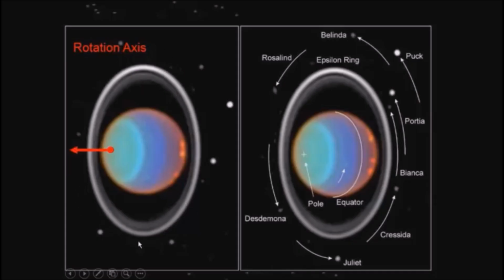So as you can imagine, Uranus actually has some quite strange weather on its planet. In terms of the Earth, we have heating at the equator, which then sets up circulation cells that take hot air to the poles where it cools. And then the circulation cells continue to move around, transporting energy.